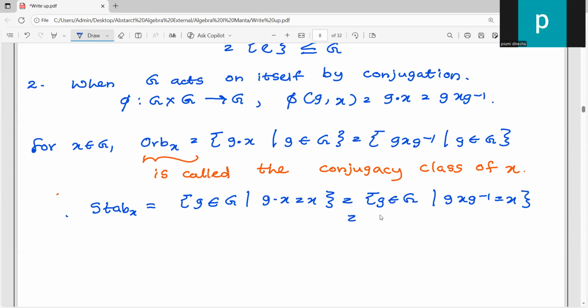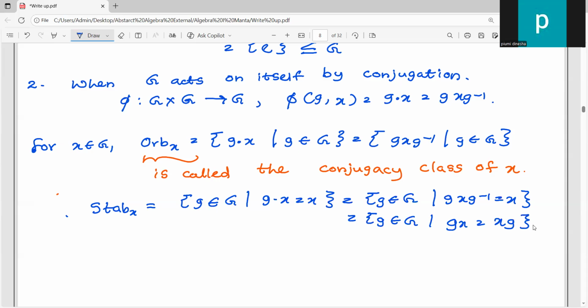This is equal to g in G such that, by taking g inverse on the right on both sides, we see that gx is equal to xg. This also has a special name. This is what we call the centralizer of x.